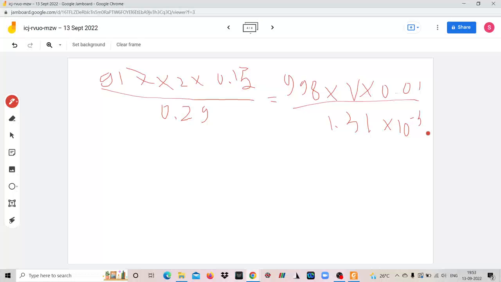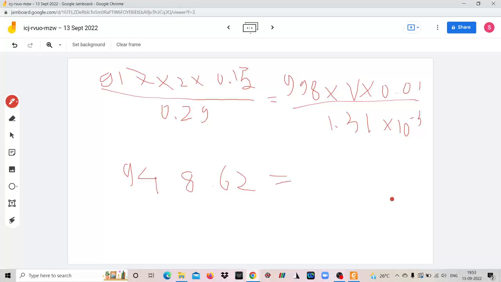So 917 into 0.15 divided by 0.29, it's coming as approximately 948.62.